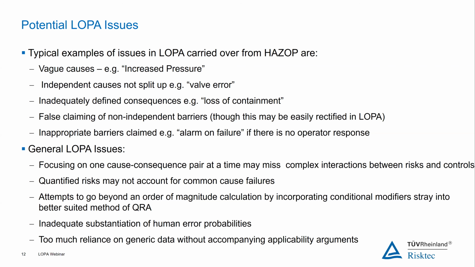If they are effective barriers, then we can claim one of them, but not both.